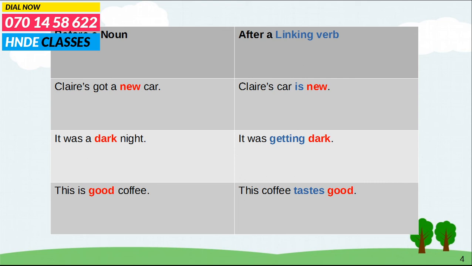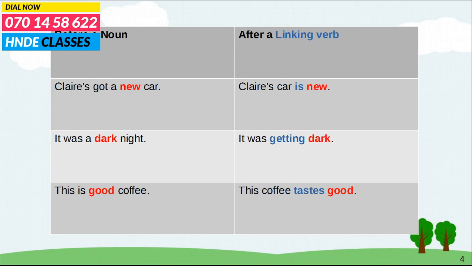Claire's car is new. Here the adjective new has come after the linking verb is, and even though it comes after the linking verb, it still is doing the same function, which is describing Claire's car. How is Claire's car? It is new.